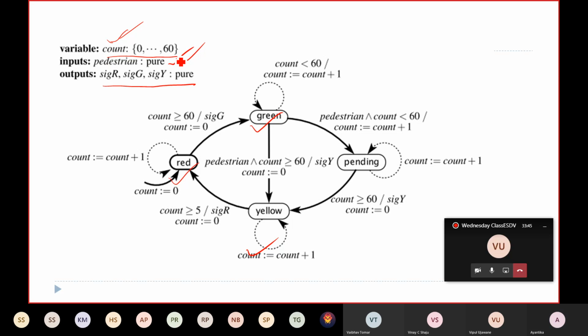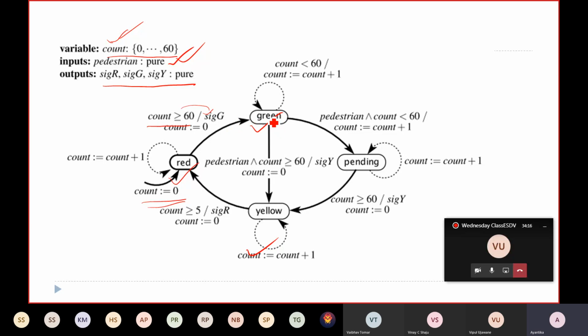We start when count is 0, as given in the specification. I start from red and stay in red while count is increasing, and when it is greater than 60, I set signal green high and move to the state green.